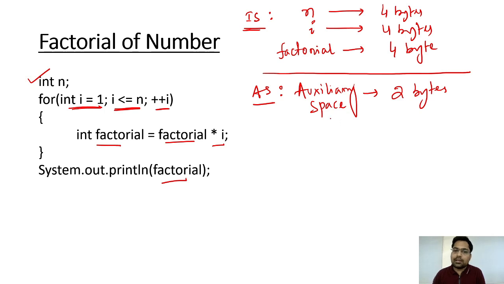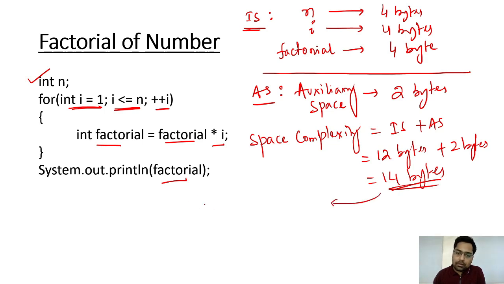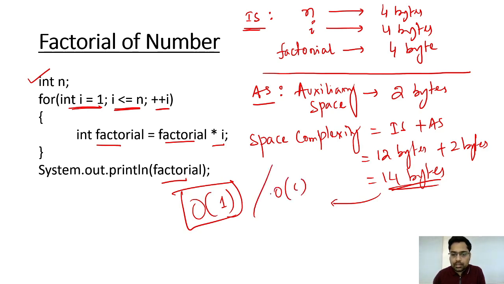So here for this iteration one, the total space complexity will be is plus as, which is 12 bytes plus 2 bytes, which is 14 bytes, and that 14 bytes indirectly tells you the space complexity will be big O of 1 or big O of c, where c is constant.